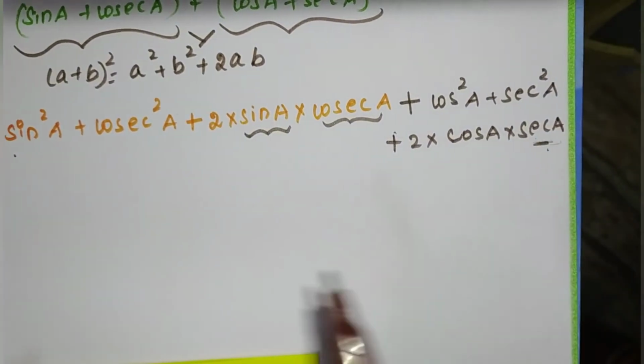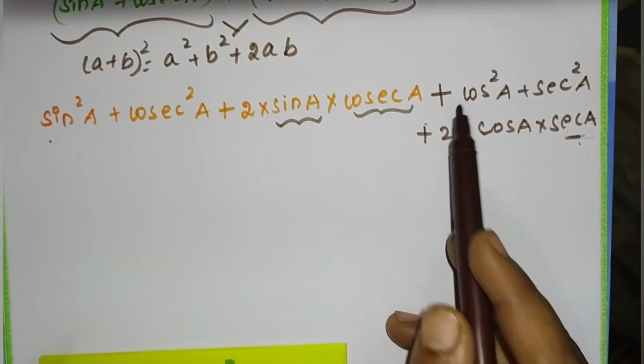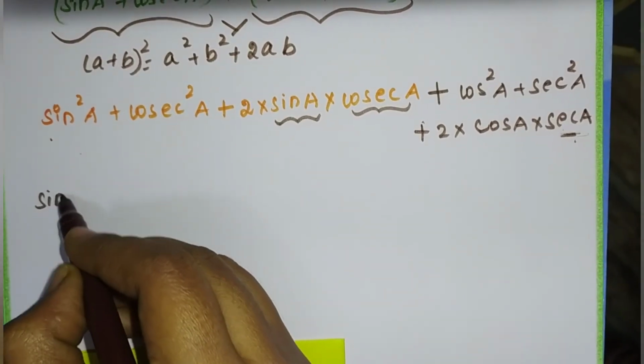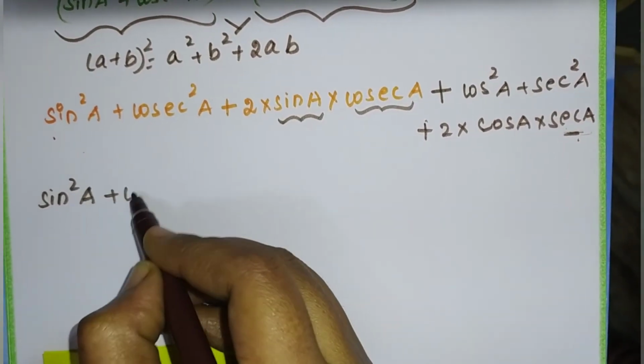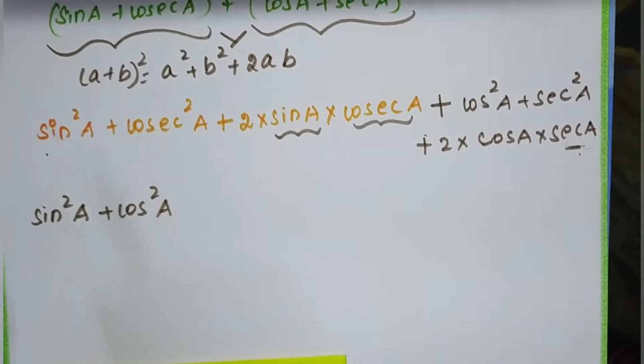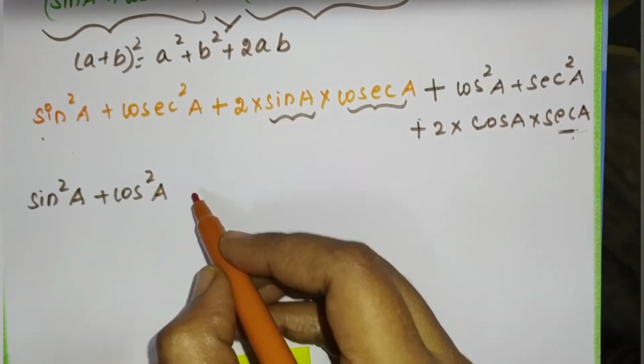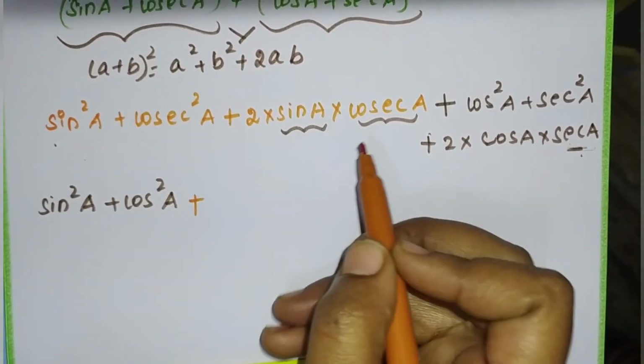Okay. First I am going to combine these two: sin square A plus cos square A, and write this one. Next, what am I going to simplify?